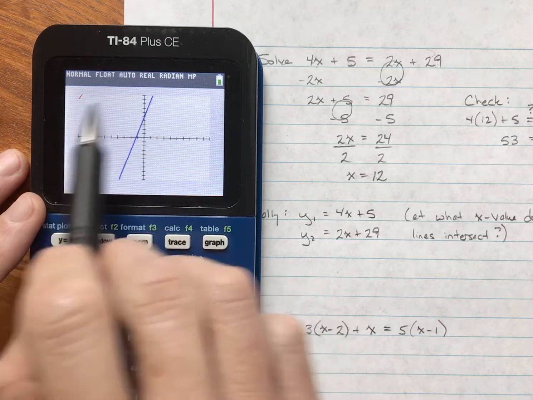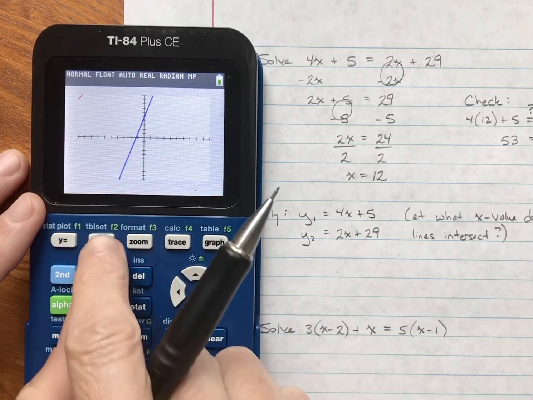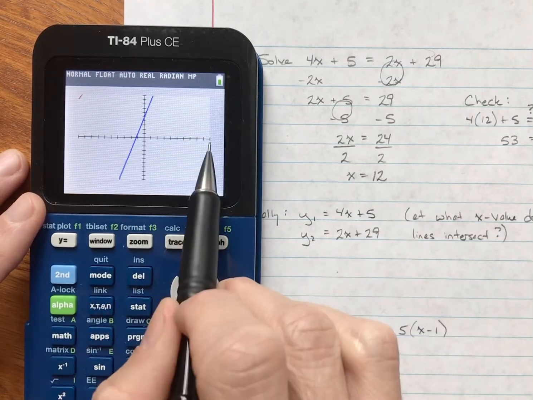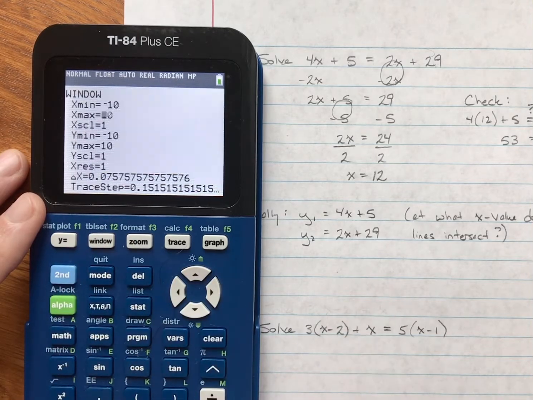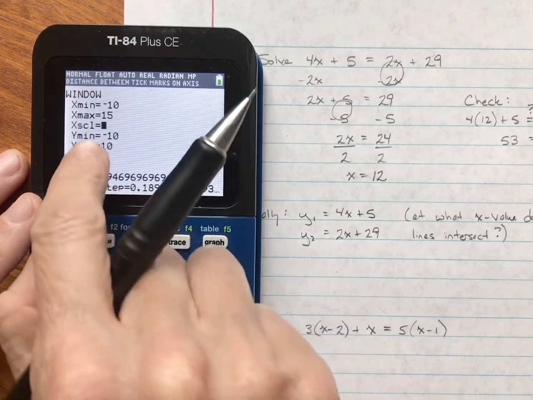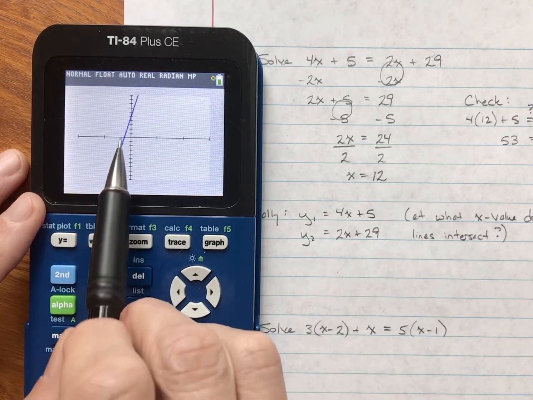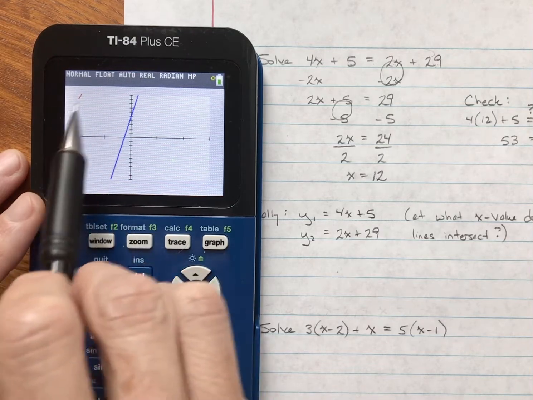So I can't see where they cross, so I'm going to need to zoom out a little bit. So I'm going to go to my window. I know I need my x to be 12. Well, this goes to 10. So my window should go to at least 15, and I'll do my tick marks by 5. So there's my 4x plus 5, and I'm still way over.